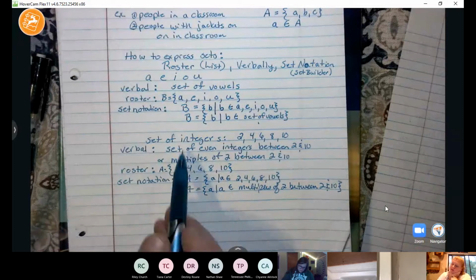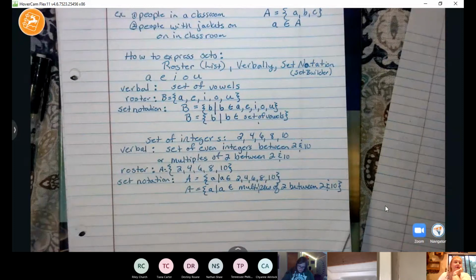So this gives you some examples to go by and how to use these 3 methods to write your sets.